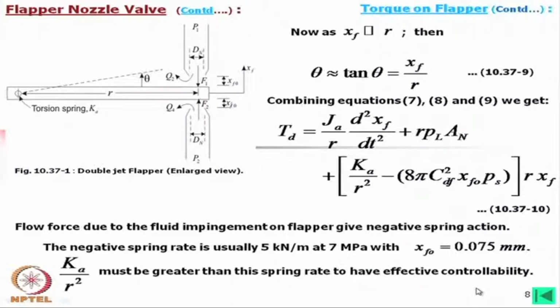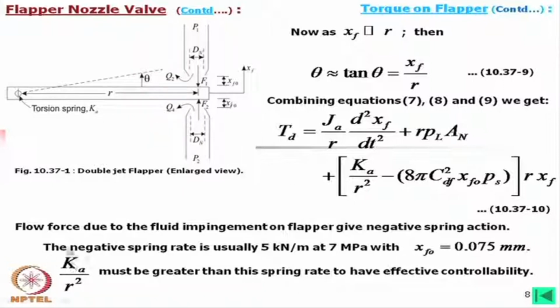And K by r square, where K is the torsional spring stiffness, must be greater than the spring rate to have effective controllability. That you can understand. If this is not greater, then we will not be able to control it.